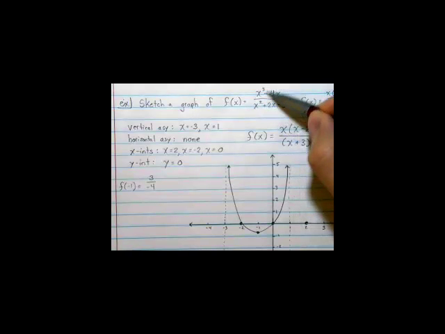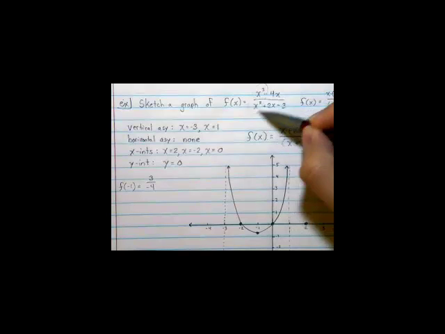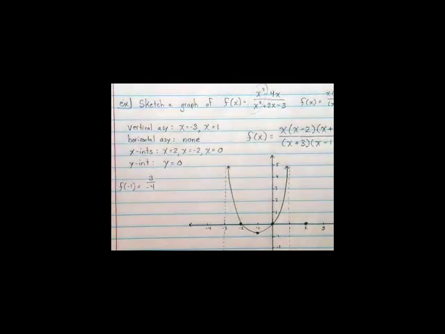So if I just focus on the first terms of each, x to the third over x squared, what does that simplify to if I divide those two? Just x, right? Which means as this function goes to infinity, it should be going to infinity, right? As x goes to infinity, y should go to infinity.